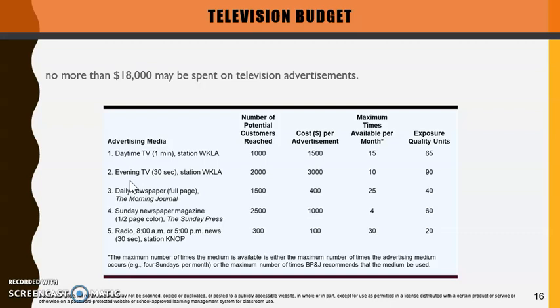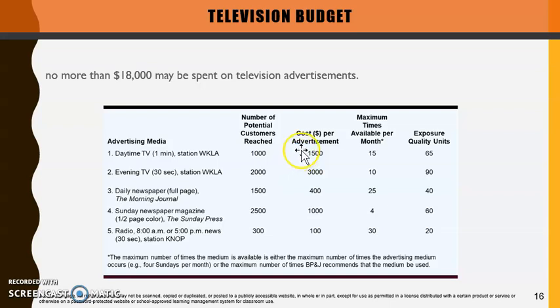constraint. It is television budget. This budget constraint is specifically for television, and it is mentioned in the text that no more than 18,000 may be spent on television advertisement. We have two television advertisements, DTV, ETV, and the costs are here.